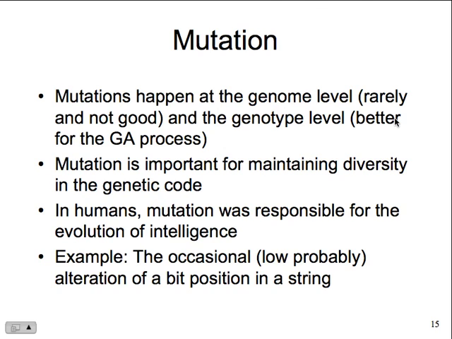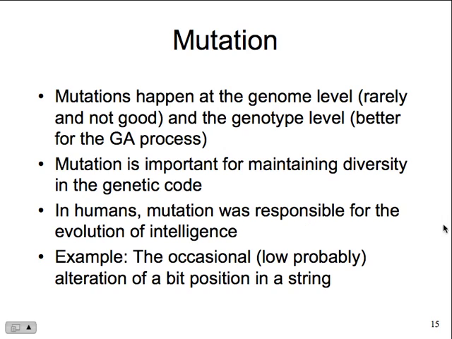Mutation happens when we have gene levels that are rare and not good, and genotype levels that are better for the genetic algorithm process. We pick the better ones and put them in there, so we make stronger selections basically by priority. Mutation is important for maintaining diversity in the gene code, so we can add new combinations.